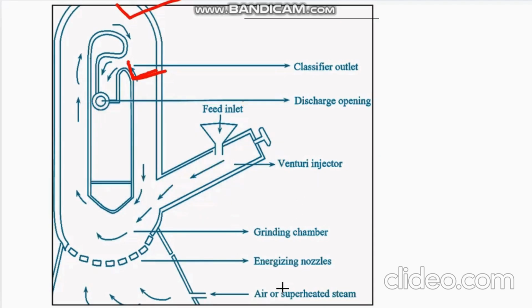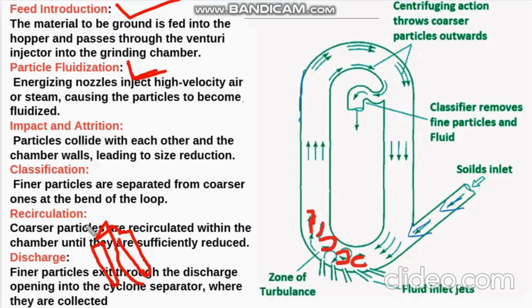Simultaneously, we are going to introduce air with a high velocity from the bottom. Here there are some nozzles which will allow air with a high pressure. These nozzles are called energizing nozzles, and they cause the particles to become fluidized.